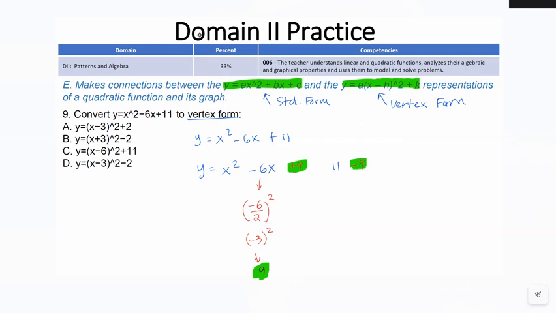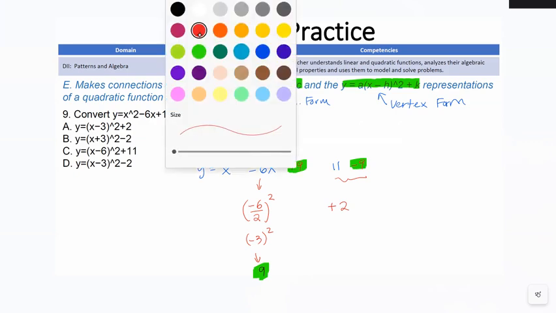Okay, I don't have to do that, but since I want to solve for the value of this, I need to do it. So this is 11 minus 9, it's positive 2. So what I can do right now is rewrite them in vertex form.